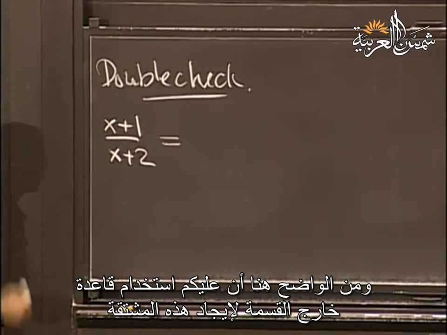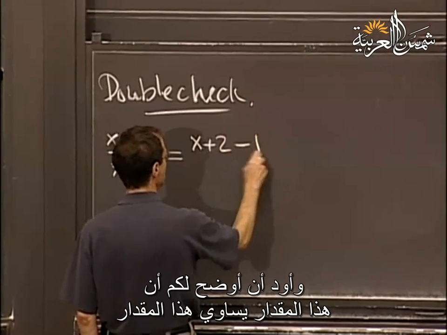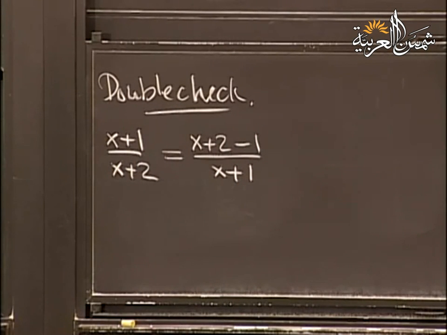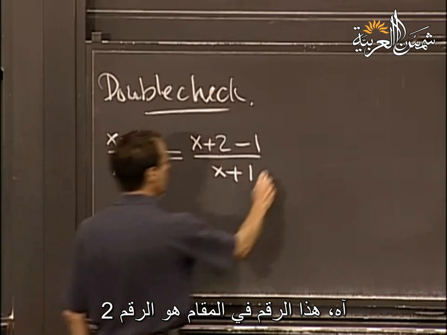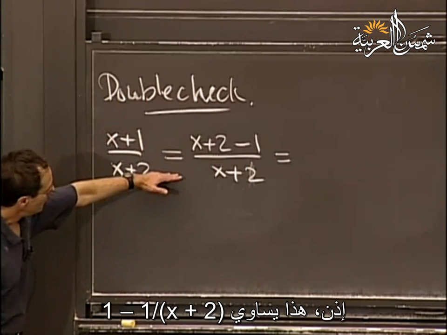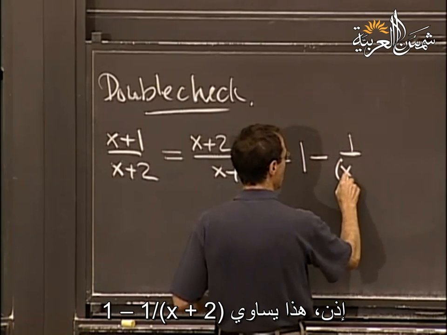I mean, obviously, you can do this by the quotient rule, but I just point out that this is the same thing as this, all right? And now it has, whoops, that should be a 2 in the denominator. And so now this has the form 1 minus 1 over x plus 2.